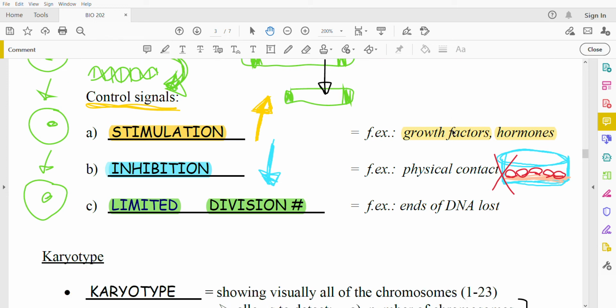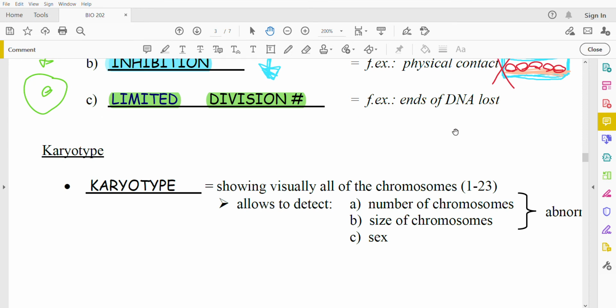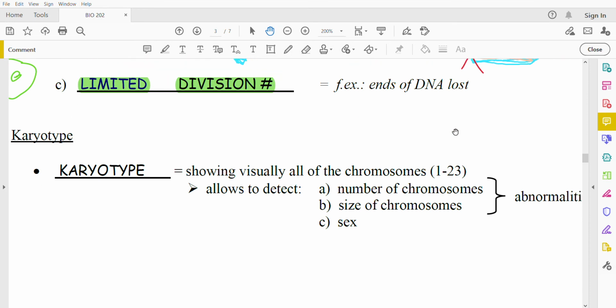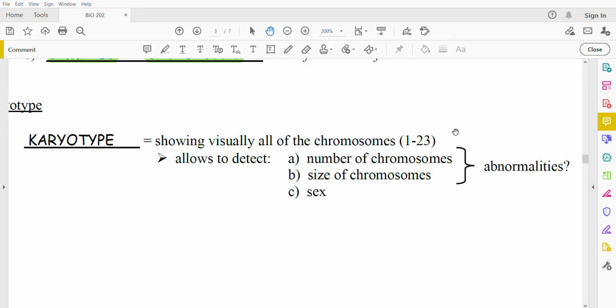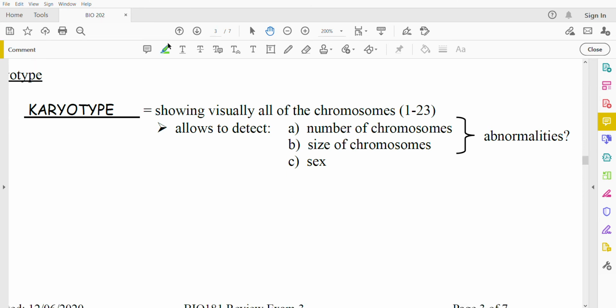The other concept that we saw at the end of when we talked about the process of meiosis was a karyotype. And what a karyotype was, let's have a look at that a little bit. So karyotype was a name for this figure, this visualization that shows all of the chromosomes of an individual.